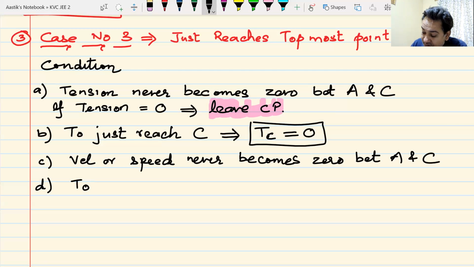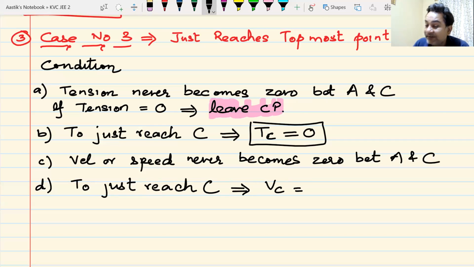To just reach point C, what should be the velocity or speed at point C? Tell me. 0, sir. 0.